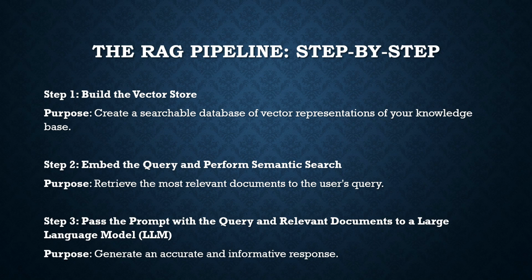LLM inference is where the prompt is passed to the LLM, which generates the most accurate response based on its understanding of the query and retrieved knowledge. So the LLM leverages its language generation capabilities to provide a coherent and informative response while ensuring factual accuracy and grounding its output in the retrieved documents.